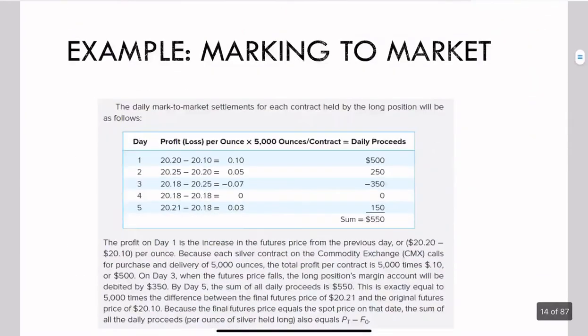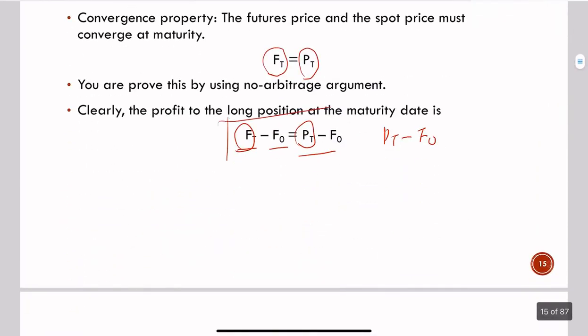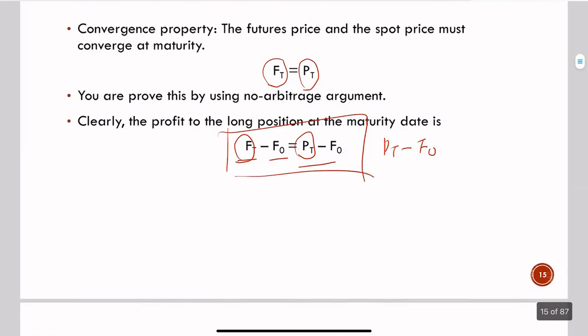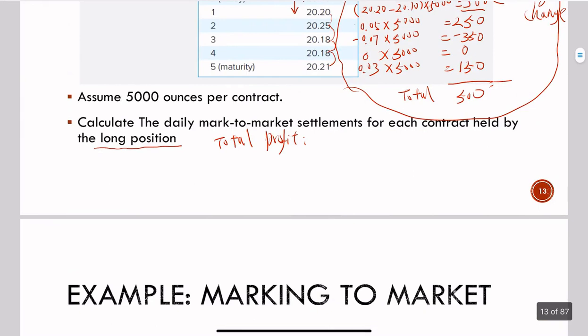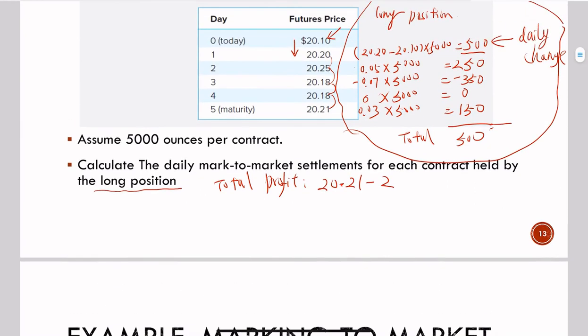But you can see that this formula tells you that you could just use the final futures price minus the initial futures price. So it would be 20.21 minus the initial futures price, times the contract size. This would quickly give you the answer, which is $500.